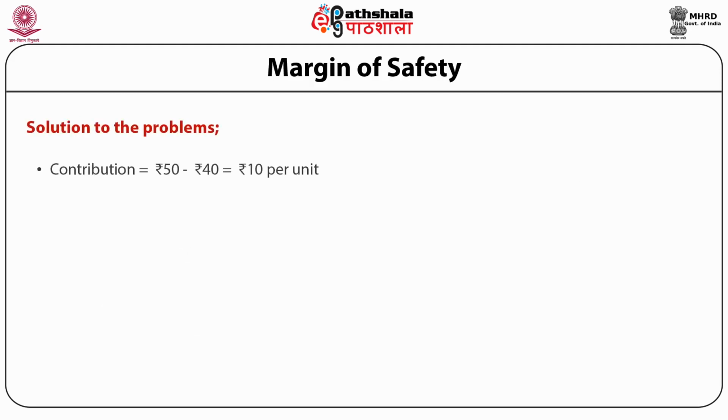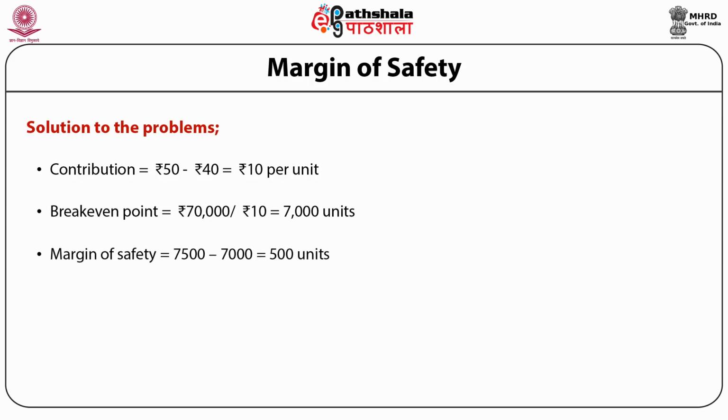So the contribution in this case is 50, our selling price, minus variable cost 40. So contribution per unit is rupees 10, and the break-even point in terms of units is equal to 70,000 divided by 10, that is 7,000 units. So margin of safety in terms of units is equal to 7,500, that is the budgeted or actual sales, minus 7,000, that is the break-even point sales, that is equal to 500 units.